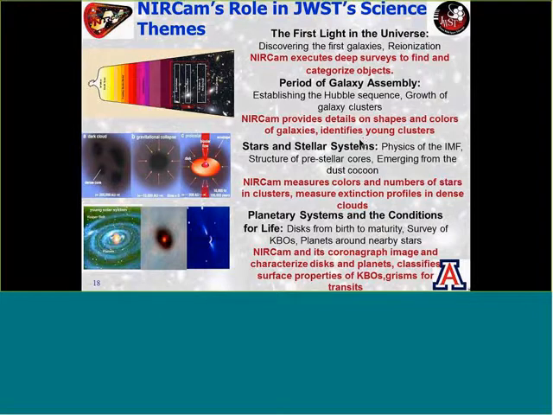Stars and solar systems, which to my team largely means studying star formation, and then exoplanets, and possibly shedding light on conditions for life. And in each of these, I show in red some of the things that NIRCam will do towards achieving the science goals of these 4 themes.